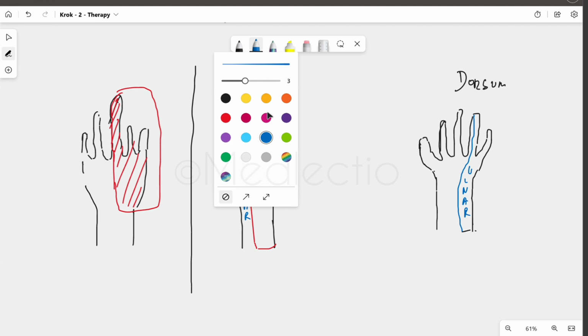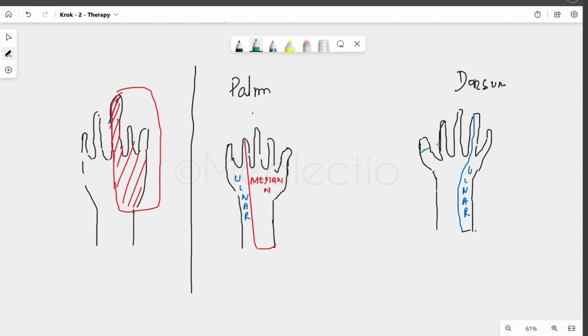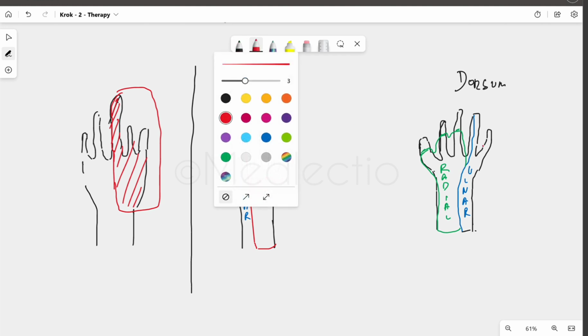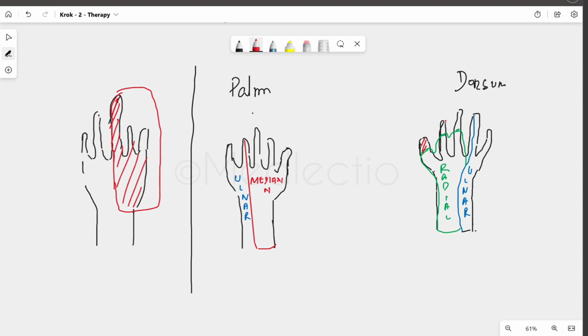This portion is supplied by the radial nerve, and this again by the median nerve.